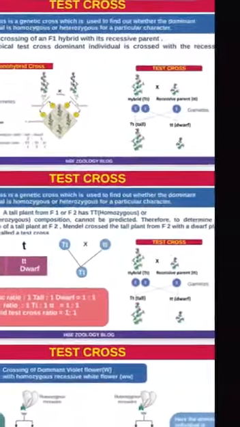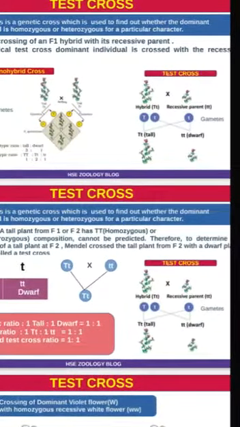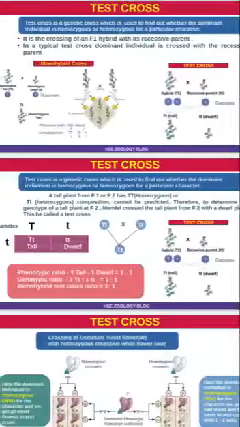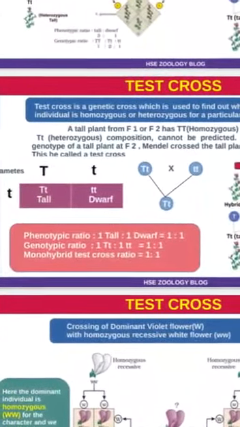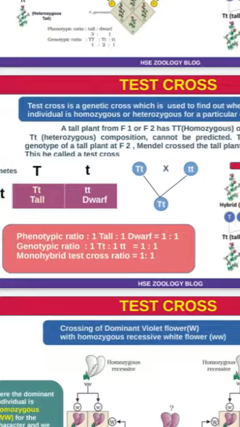Okay. So in the test cross we are crossing the hybrid with its recessive parent. Then the genotypic ratio we get is 1:1.